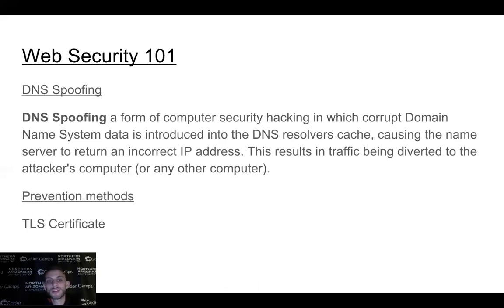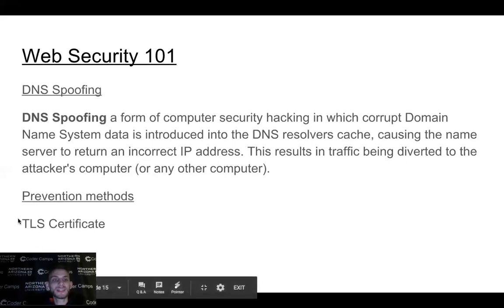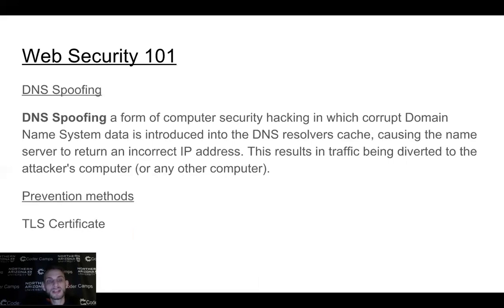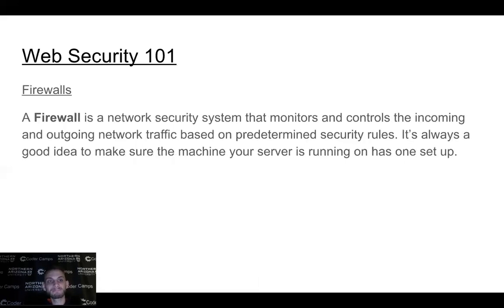This is a lot less common because DNS providers typically have a lot of security protocols in place already to prevent against this. But in any case, once again, the TLS certificate and redirecting our traffic from HTTP to HTTPS is really going to go a long way in helping us out.